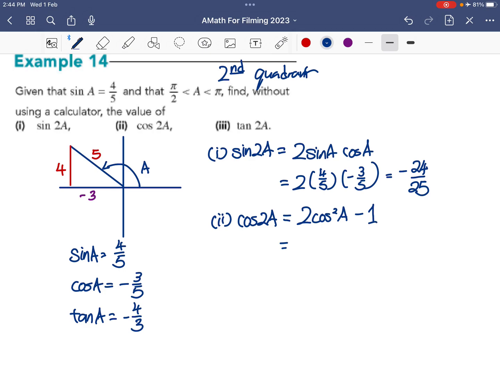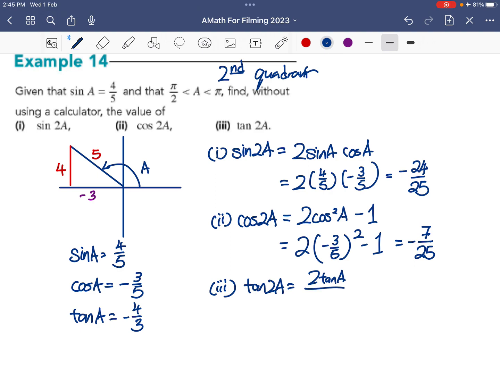So it's 2 times cosine squared, which is (-3/5) squared, which I got from here, and then minus 1. If you use your calculator, you find that the value will yield -7/25.